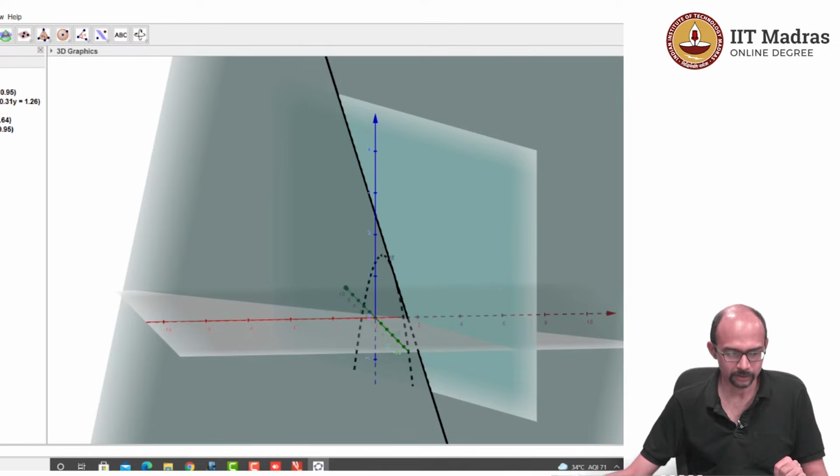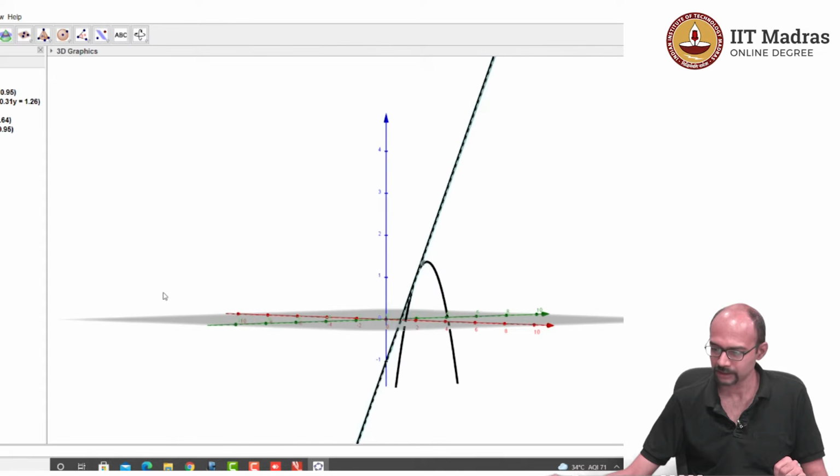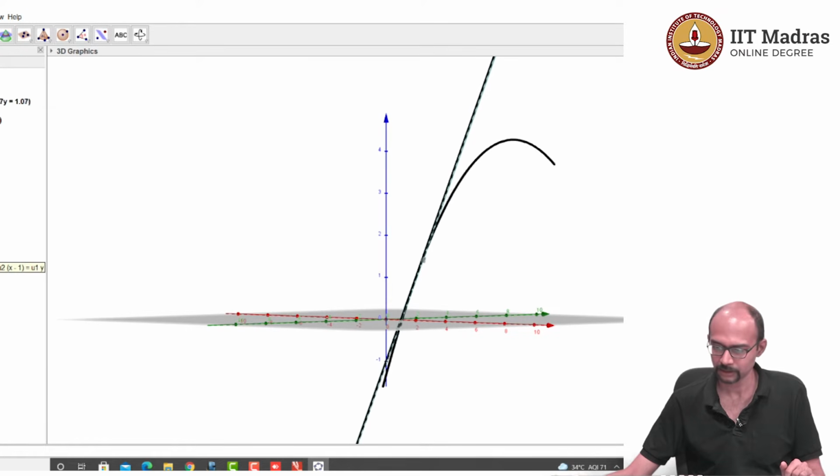And what we are saying is that let us remove this plane in which we are cutting. So, what we are saying is that this line lies on this plane. So, I am going to keep the plane like this, and now let us again vary the tangent lines. So, if you vary the tangent lines, here is what happens.